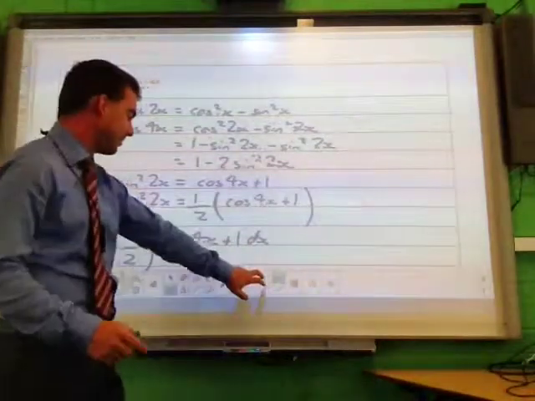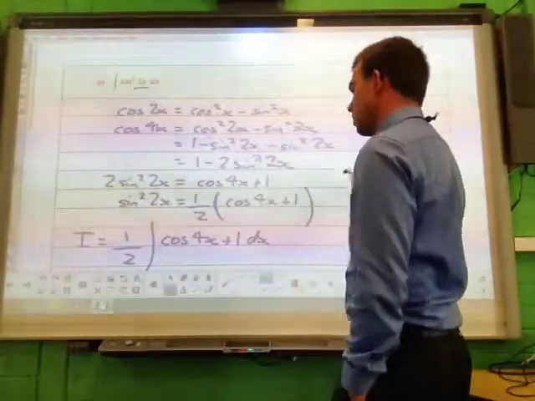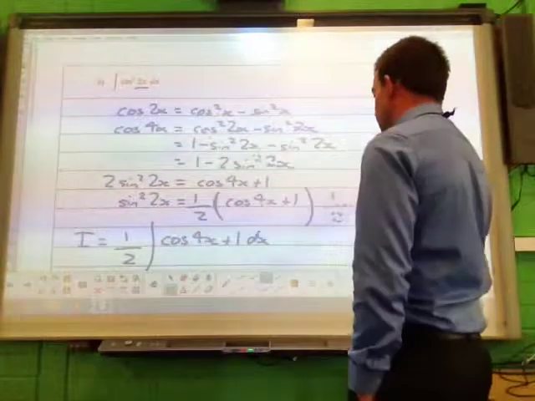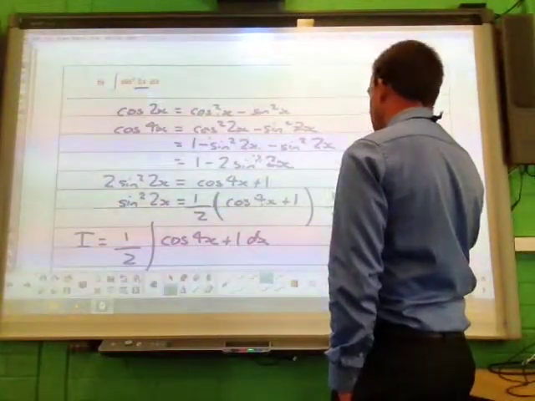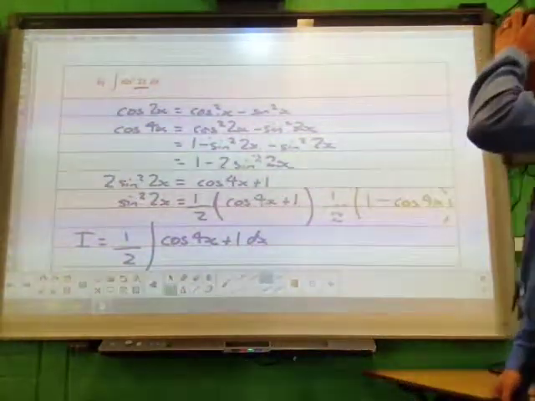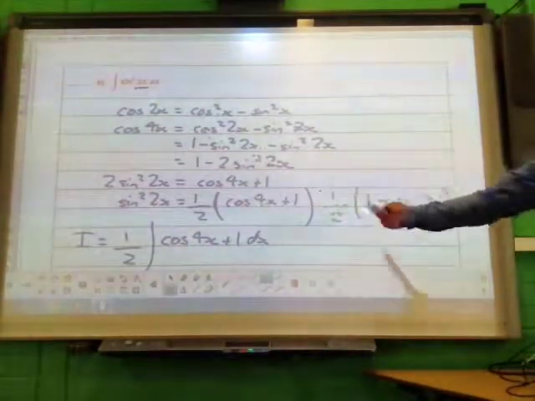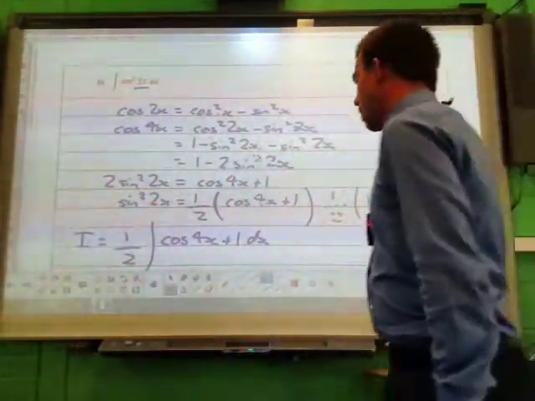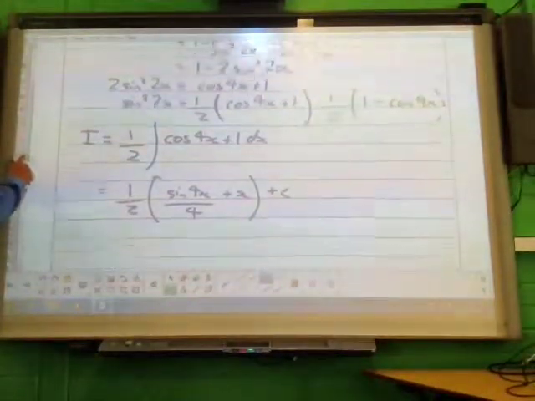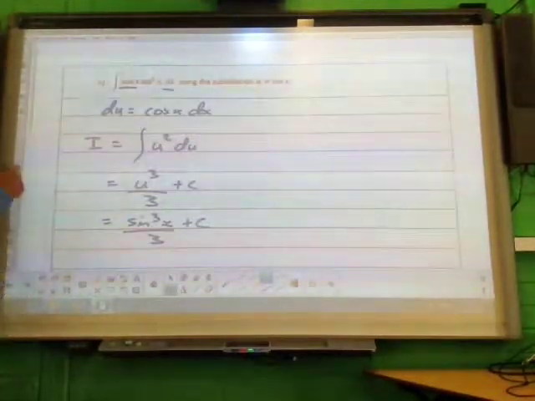That should be half, move that over, 1 minus cos 4x. So I should have had that minus sign, not the plus sign there. I didn't pick up on it because I didn't differentiate and check my answer. The only one I didn't do, and that was the one that was wrong.